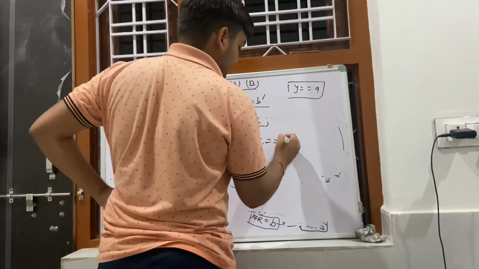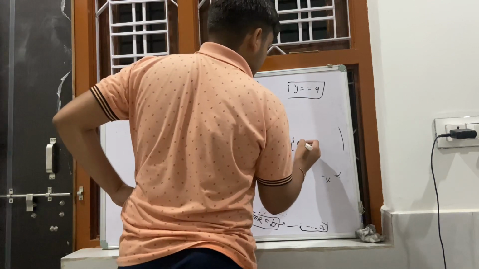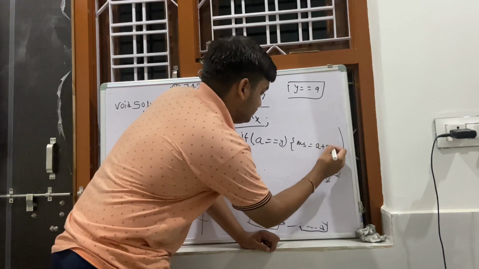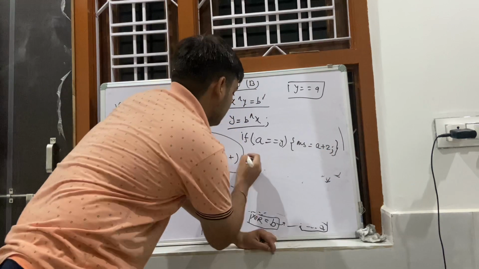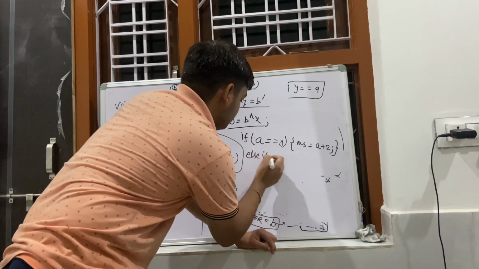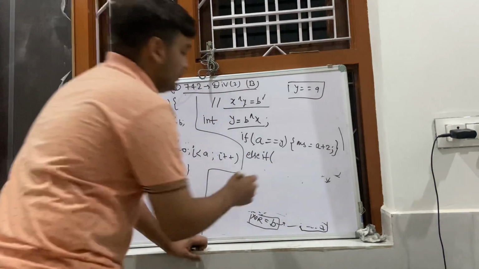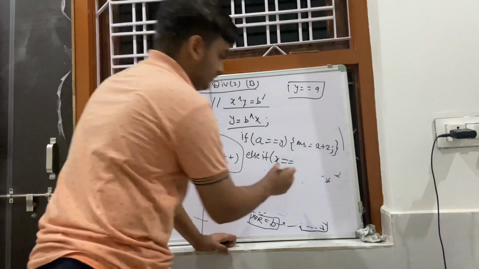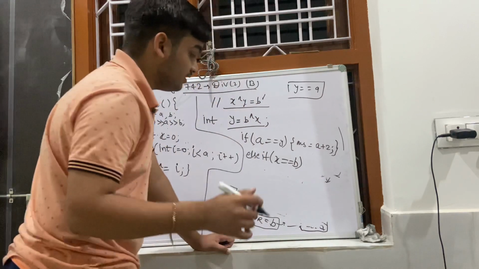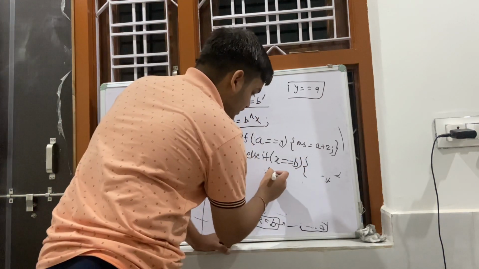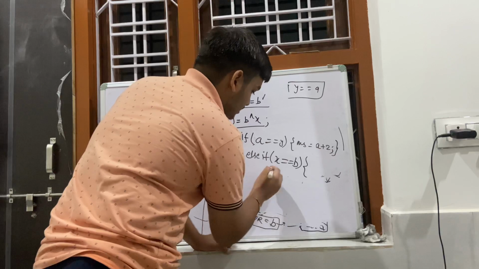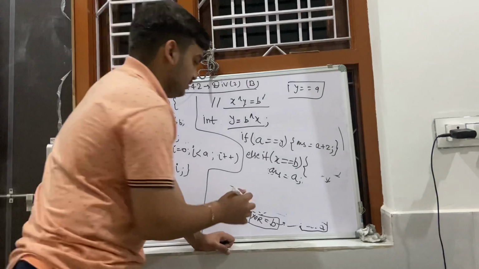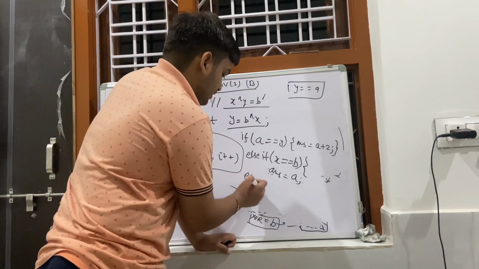So the answer for this case is A plus 2. And if x already equals the required XOR b, then I can directly return the answer as A, because I don't need to include any element.